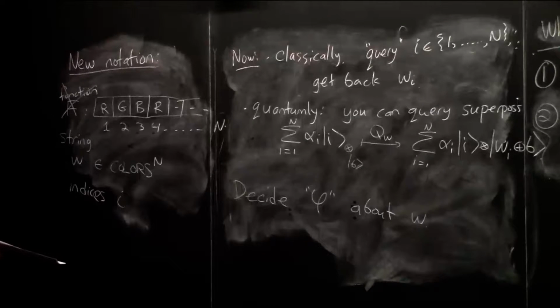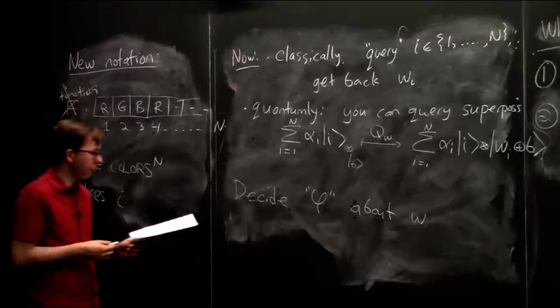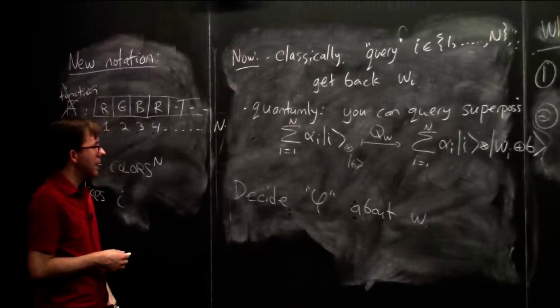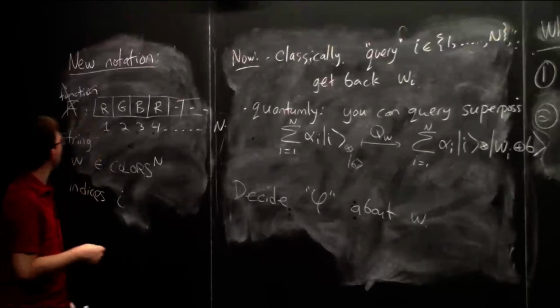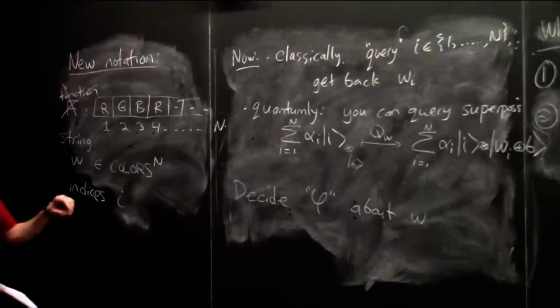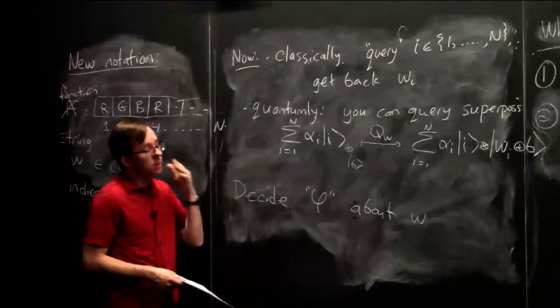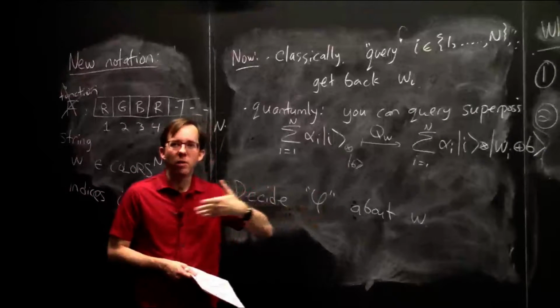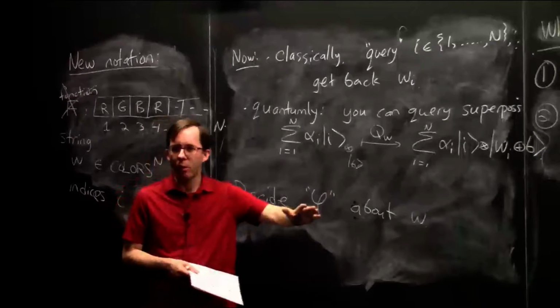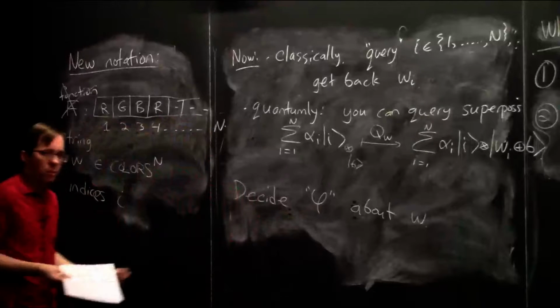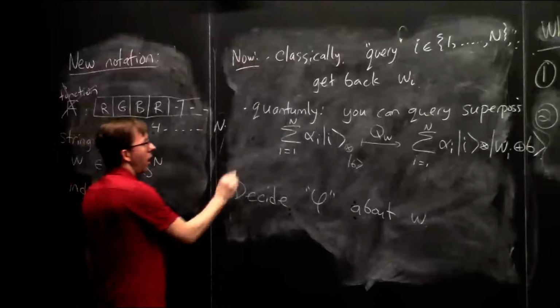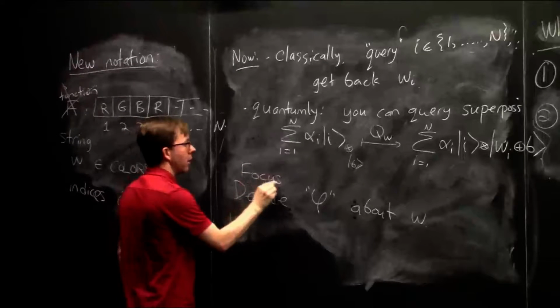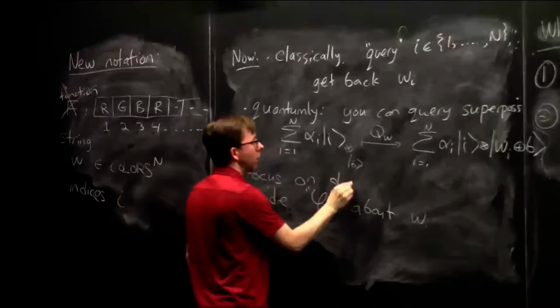Any questions? Finally, when we talked about, for example, Simon's problem or Grover's problem, it was typically like you were promised that there was at least one 1, and your task was to find that one. But it's moderately simpler to focus on decision problems. So that's what we'll do.